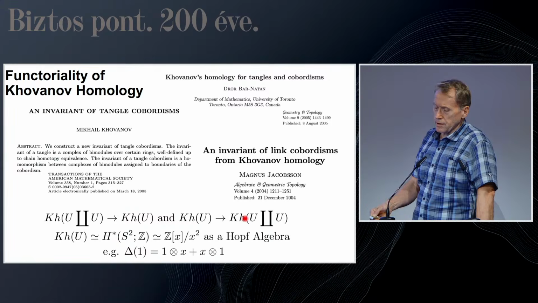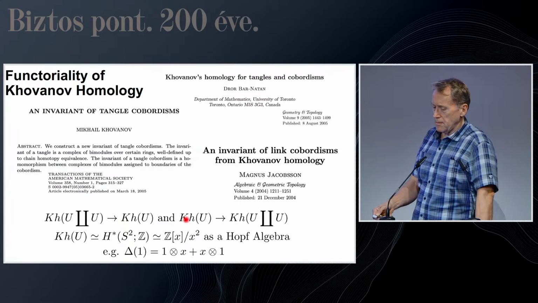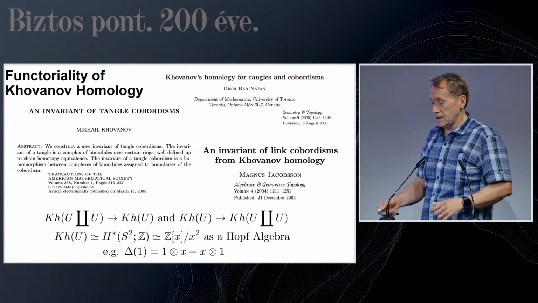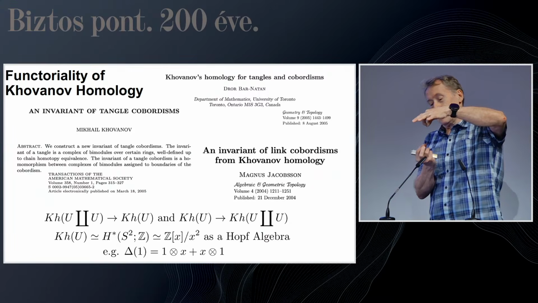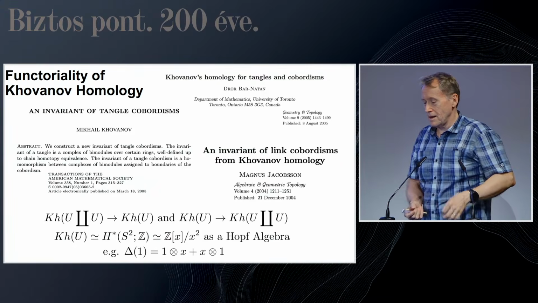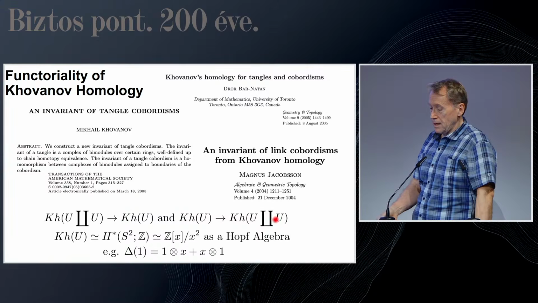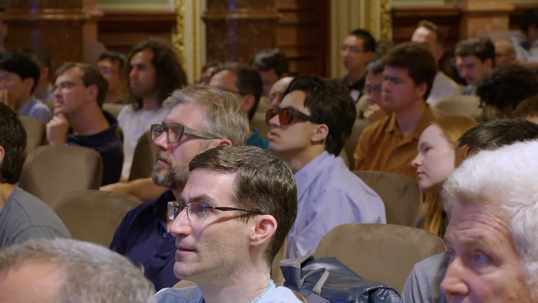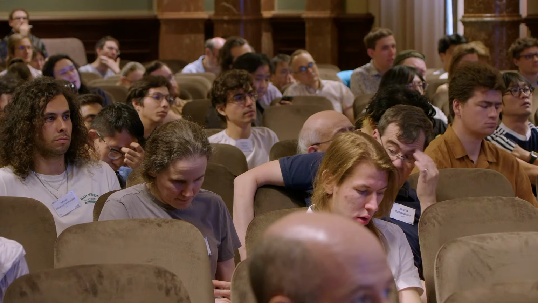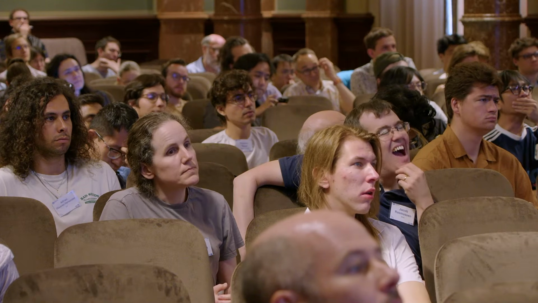One important thing which is really already baked into the definition, but you can also view post hoc as a consequence of functoriality, is that the unknot is the unknot, which forces the Khovanov homology of the unknot to be a Hopf algebra. So there are maps in both directions, and the Hopf algebra is the cohomology ring of the two-sphere, as everybody knows, I think.